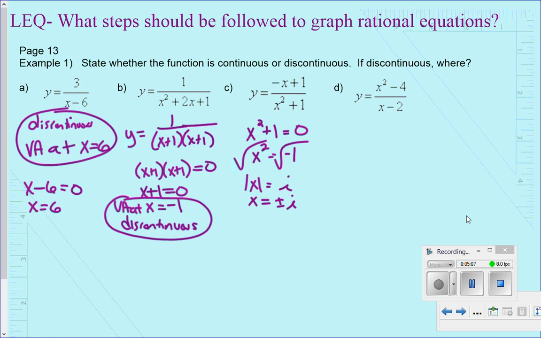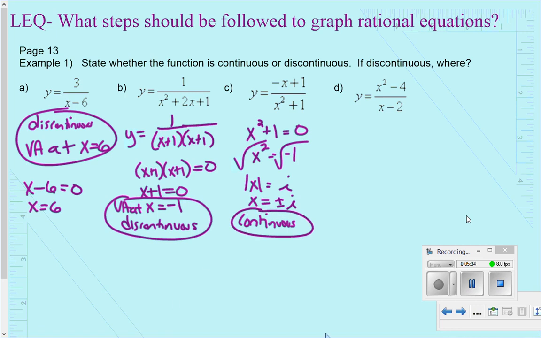Hopefully you realize, because we got imaginary numbers there, that means there's not a vertical asymptote, which means this graph is continuous. So what happens is, if you set the denominator equal to 0 and solve and you get imaginary numbers or complex numbers, then you will say continuous. That means I can draw that entire graph without picking up my pencil.